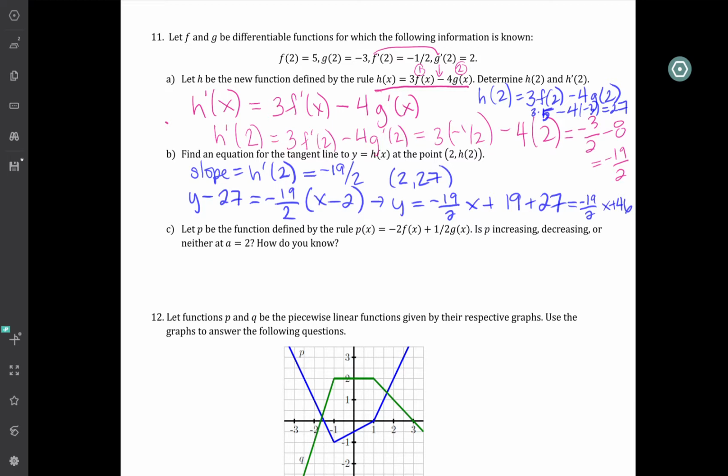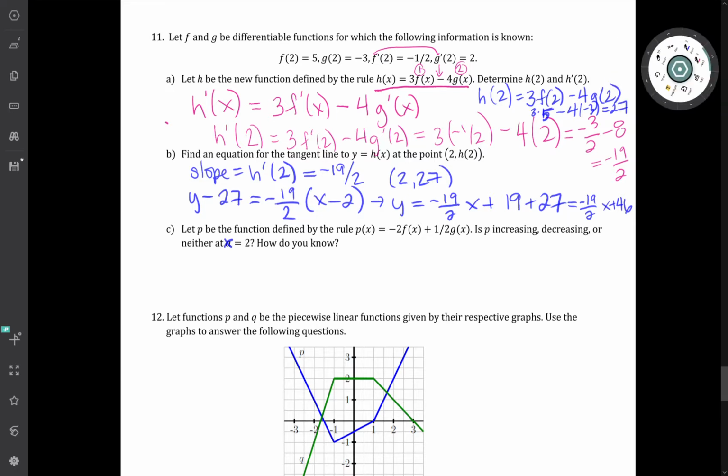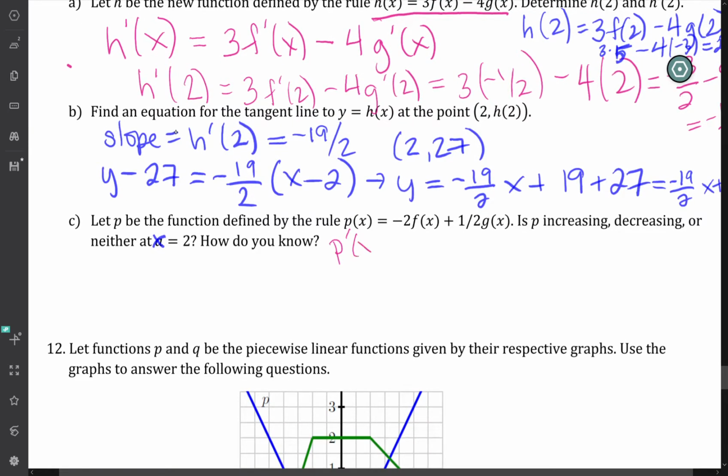Okay, and then the last part of this one: p is the function defined by the rule p equals negative 2f plus 1/2 g. Is p increasing, decreasing, or neither at a equals 2? This is interchangeable; you could just say x equals 2 there. Some calc books really like using a different letter for their specific x value, but it's kind of silly, so I've just carried it through and not changed it. I would start with p prime of x.